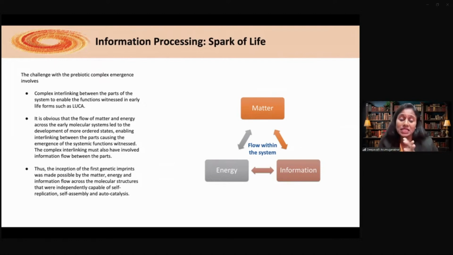And the complex interlinking must have also involved information flow between the parts. Thus, the inception of the first genetic imprints was made possible by the matter, energy, and information flow across the molecular structures that were independently capable of self-replication, self-assembly, and autocatalysis. So these are the challenges.